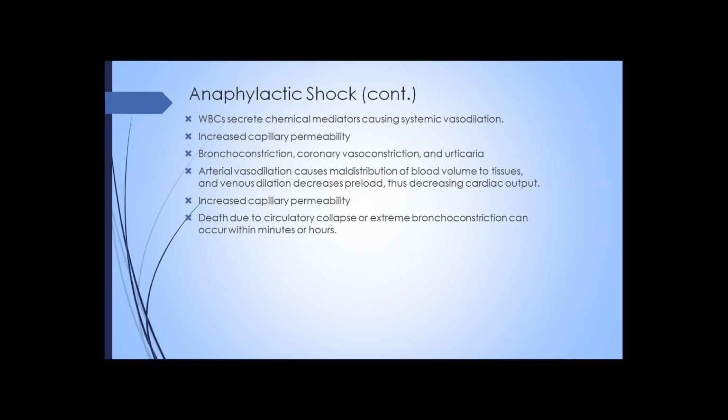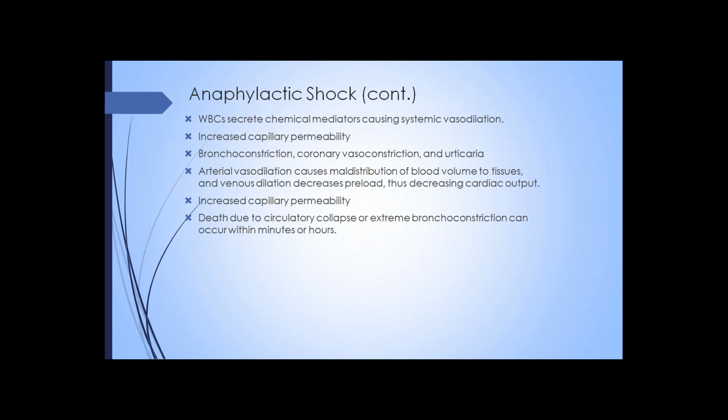So when we get this arterial vasodilatation, this causes a maldistribution. In other words, blood volume is distributed in varying amounts in various areas of the body. And we do not get good venous return because we also have venous vasodilatation with this.